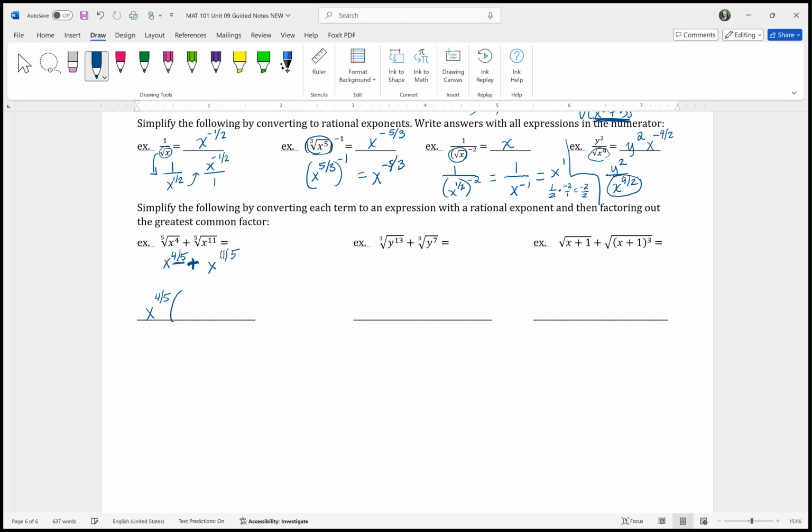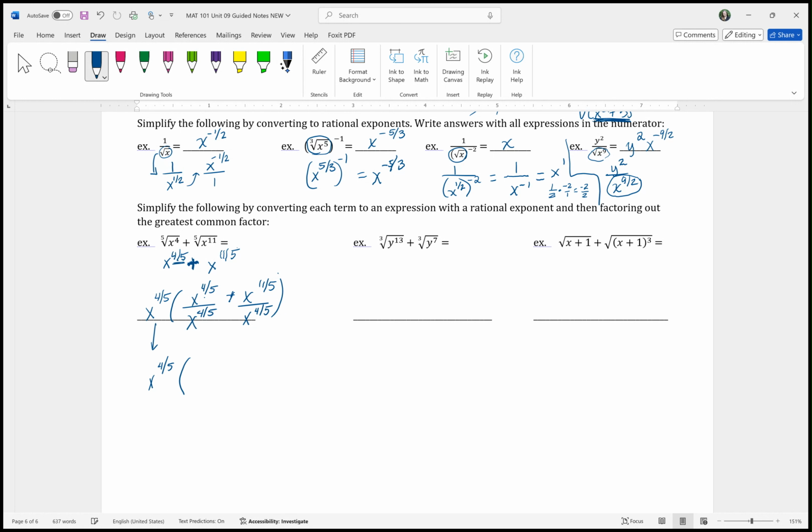And how do we factor out a GCF? Do you remember? We divided. We brought down the expression x to the 4/5 plus x to the 11/5, and we divided by the GCF. Well, our GCF is x to the 4/5. Okay, let's simplify this and talk through this. So we're bringing down x to the 4/5.